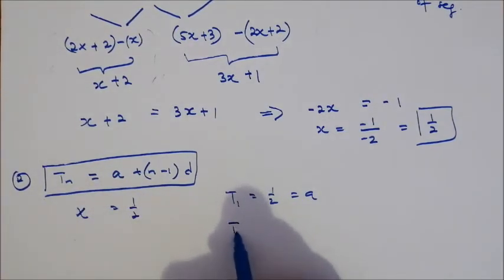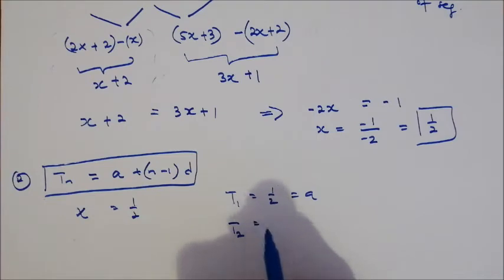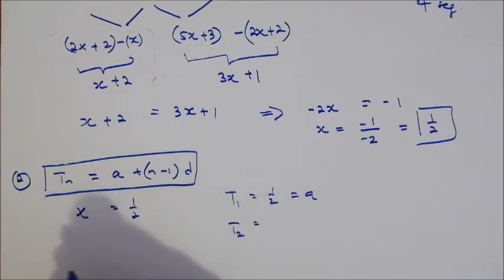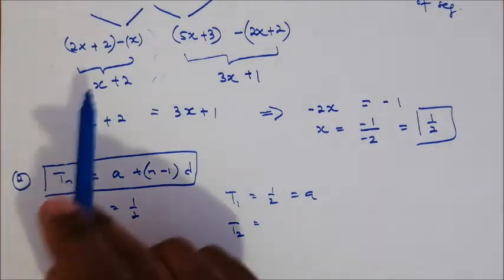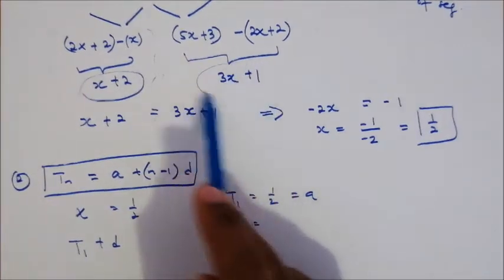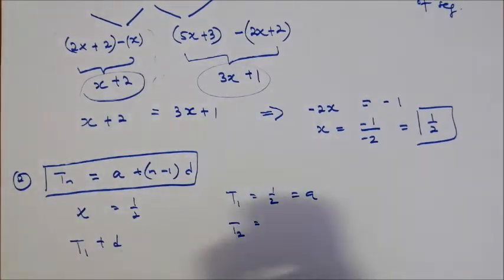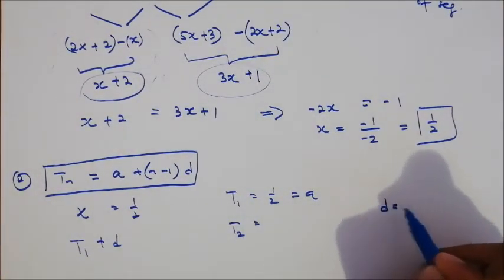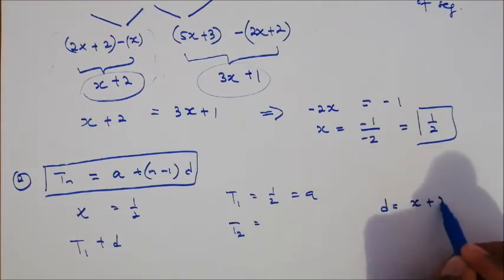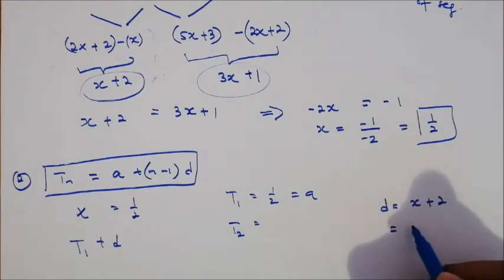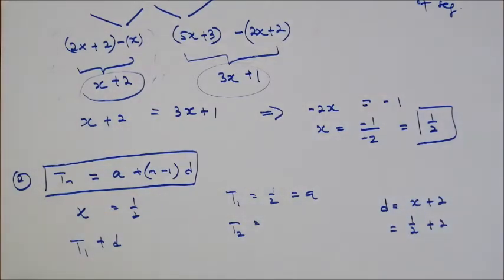Then T2 is going to be T1 plus the constant difference, right? But for us now to find the constant difference, we ought to find what this value is or what this value is, right? So let's find d. D is equal to x plus 2, where x is a half, so d is going to be 1 over 2 plus 2, right?